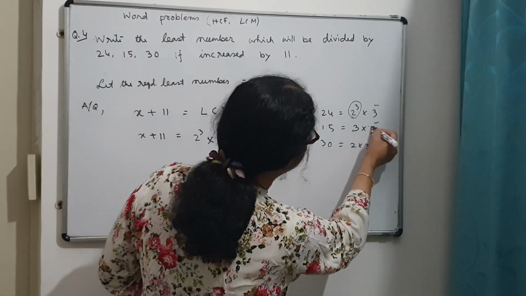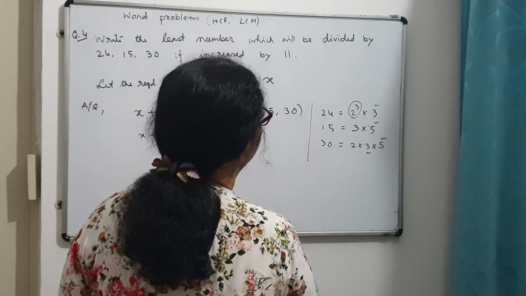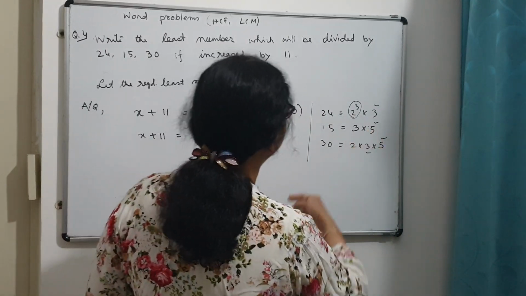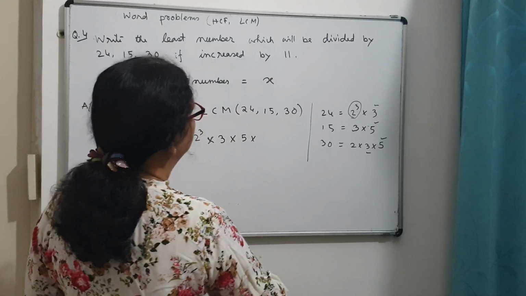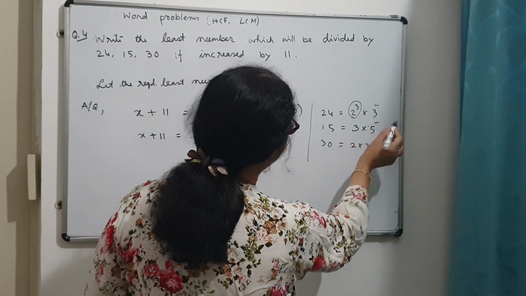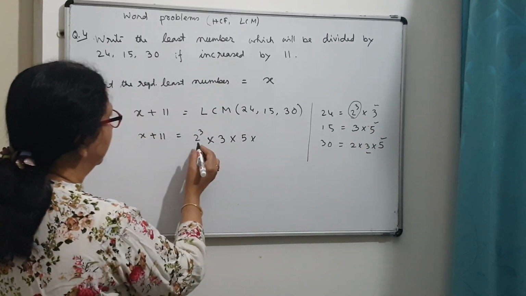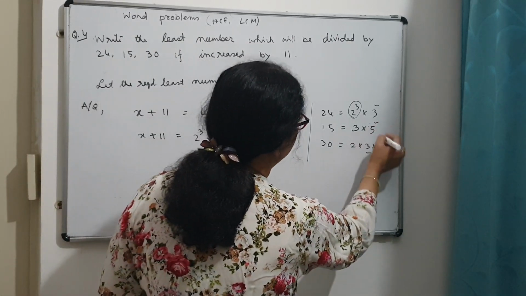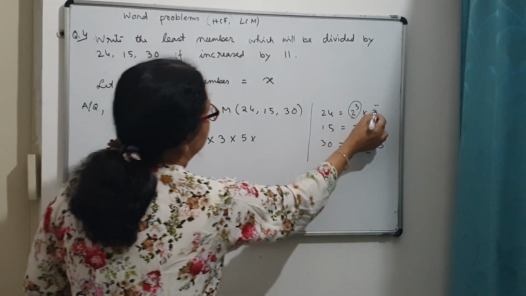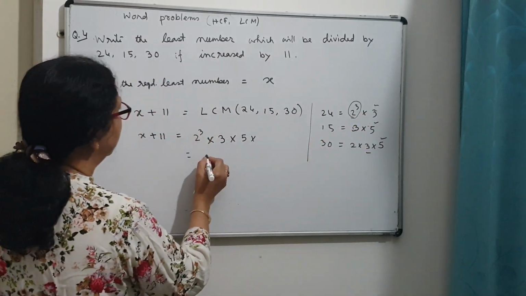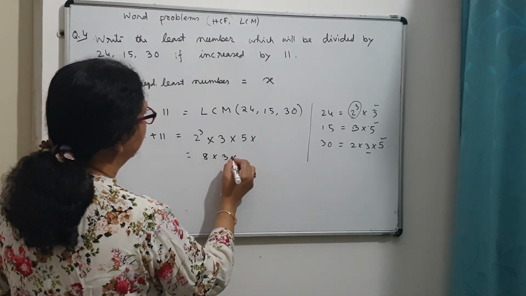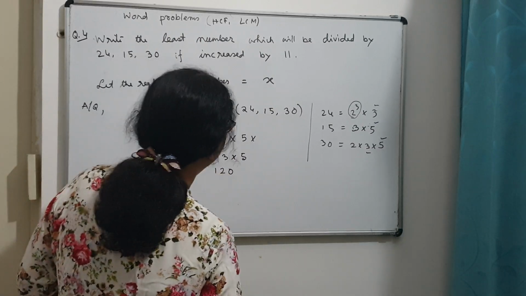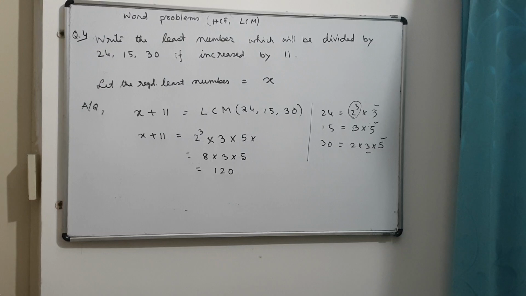So this is 8 into 3 into 5, so it is 120.